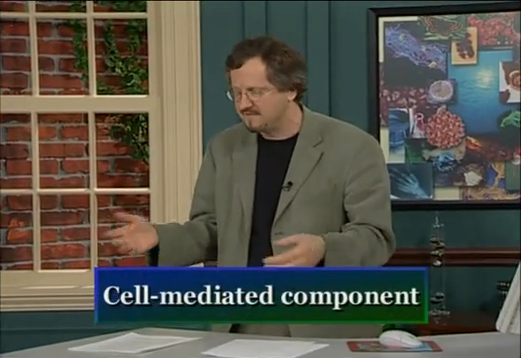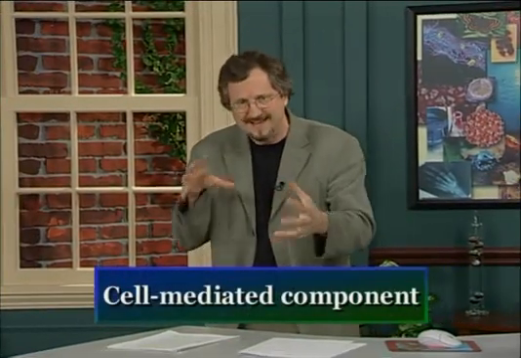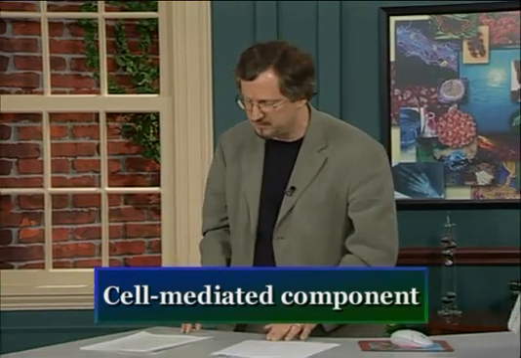Their role is similar to those natural killer cells that we talked about last time, in that these cytotoxic T cells actually directly attack cells that have been invaded by viruses and kill them. The action of T cells is sometimes referred to as the cell-mediated component of the acquired immune response, because these cells are actually doing the work.